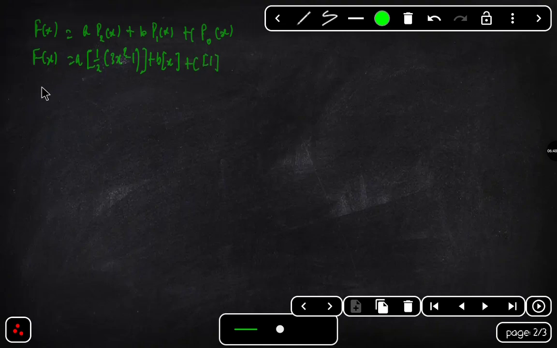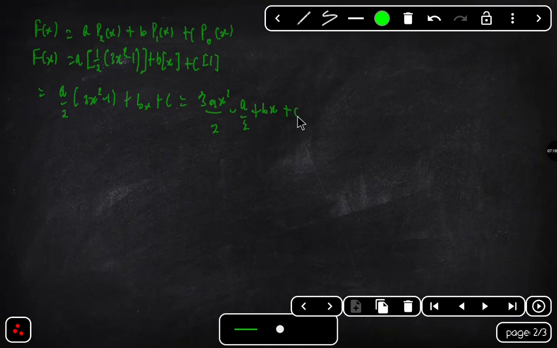Okay, so now if you expand this, it will be a over 2 into bracket 3x squared minus 1, then plus bx plus c. So this will be equal to 3ax squared over 2 minus a over 2 plus bx plus c.